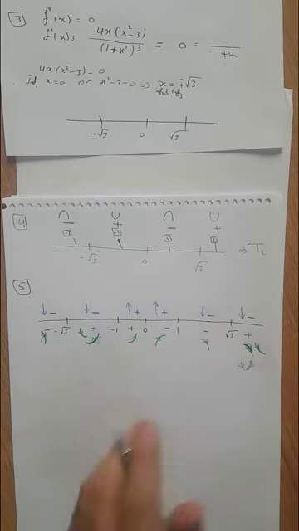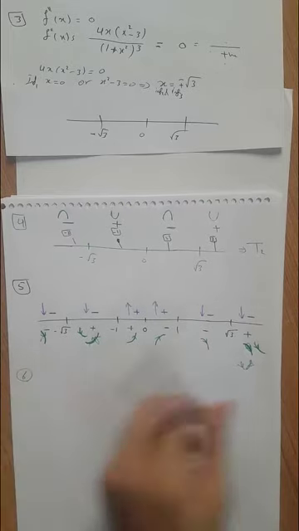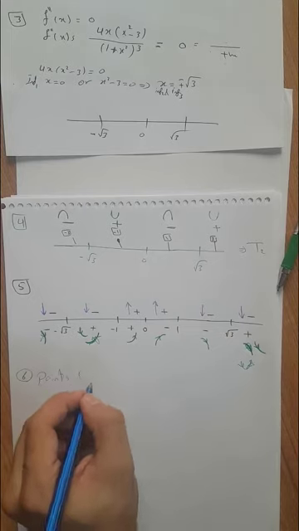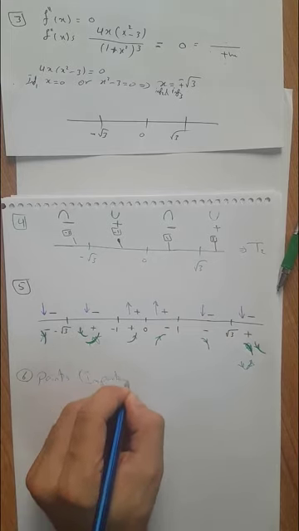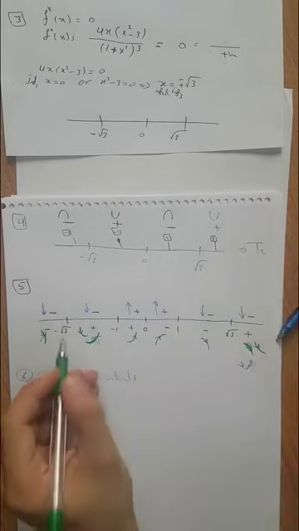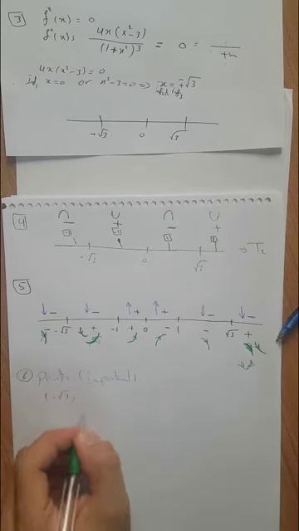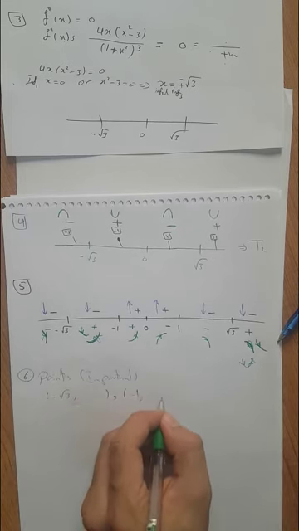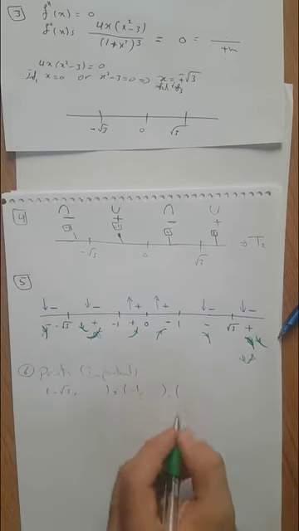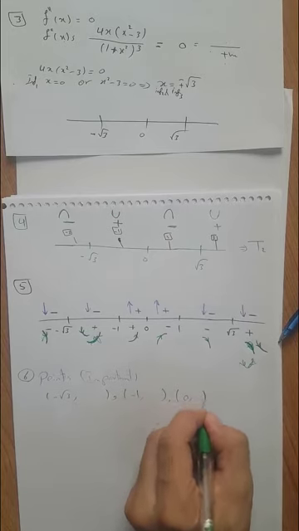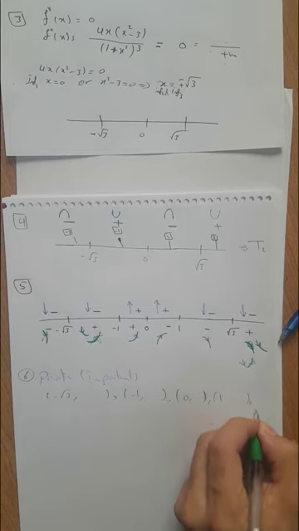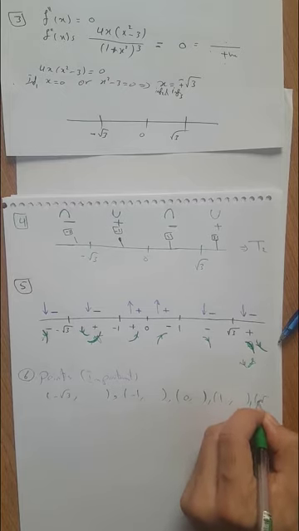Now before sketching we need more things. Number 6, which is about important points. This means find minus 3 and also minus 1 and also 0 and again 1 and finally minus square root 3.